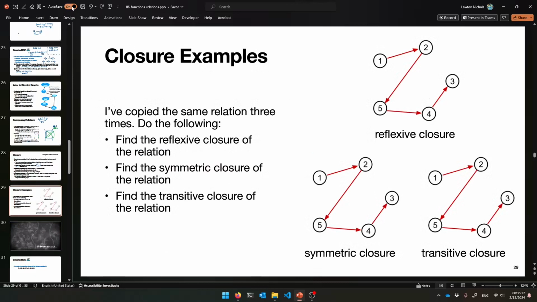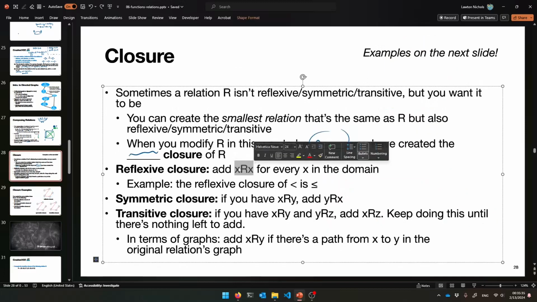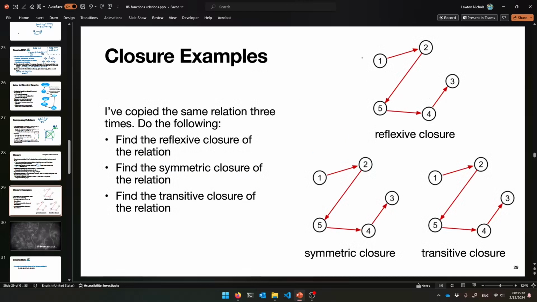Let's compute these closures. Here's the same relation a couple times. Let's find the reflexive closure of this relation. Here's the original relation, relating 1, 2, 3, 4, and 5 in some way. If you want the reflexive closure of a relation, you add every element related to themselves. So you add x related to x all day long, because that's what it means for a relation to be reflexive.